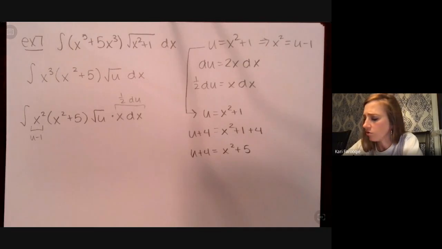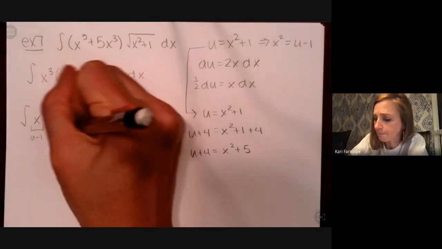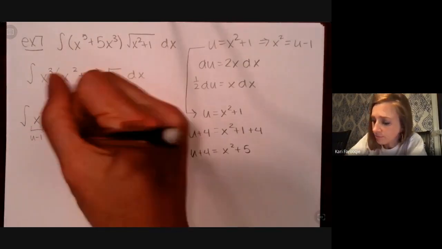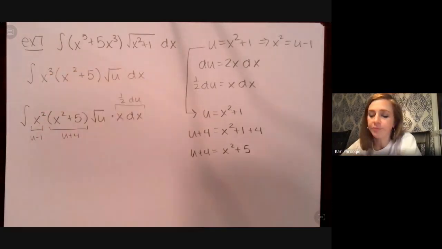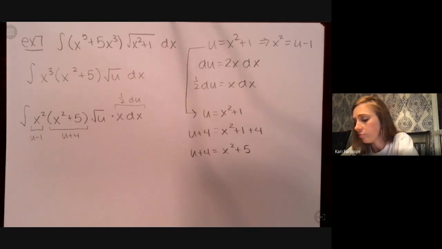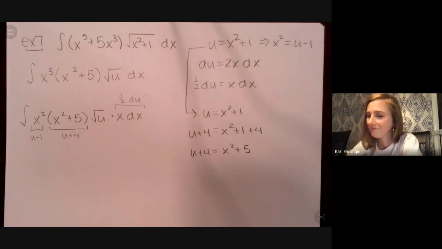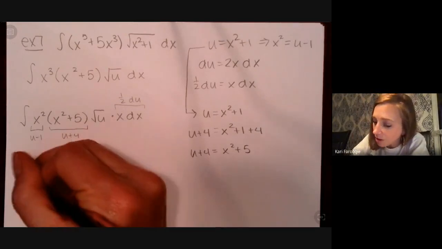So all kinds of crazy stuff is happening here. So I have u minus 1 times u plus 4 times the square root of u times 1/2 du. And now I've accounted for everything. I know it doesn't seem like it because it all happened so fast. Maybe it seemed fast to me.